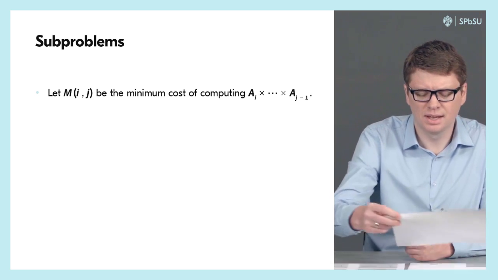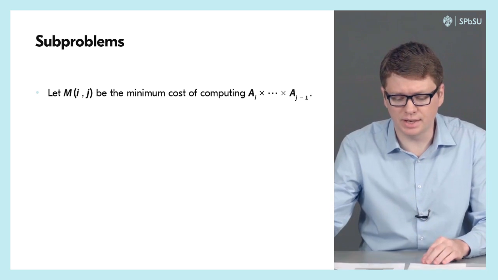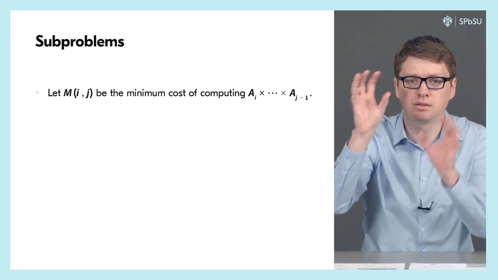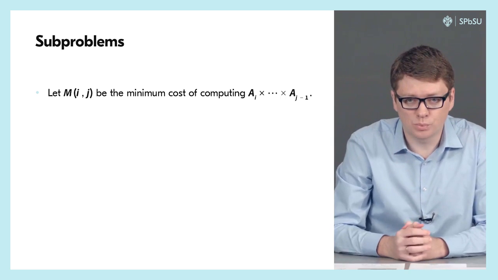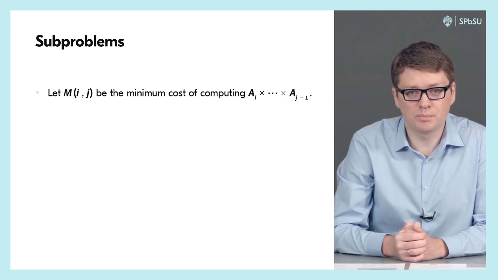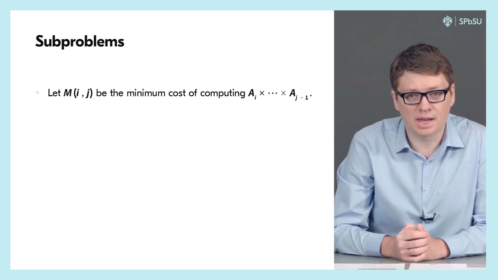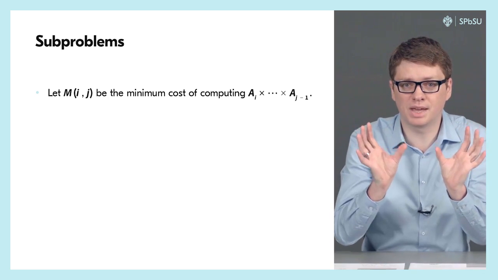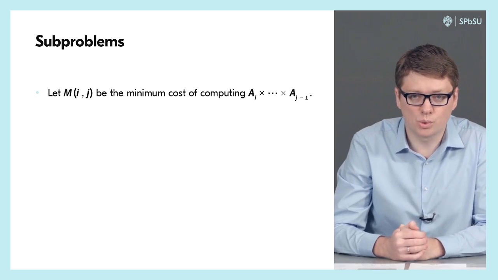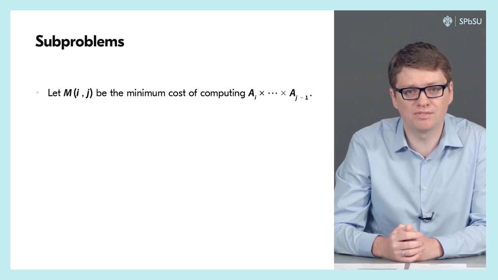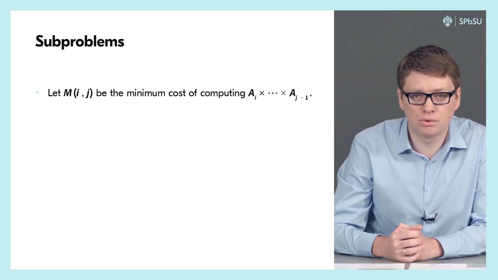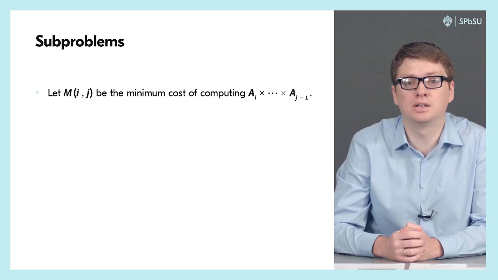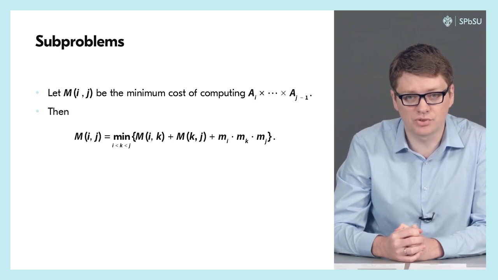So we know that it can be represented as a tree, and in turn, if we consider this tree, then it has a root and 2 subtrees, right? And we know that in the subtrees, what is computed is the product from I to K minus 1 in the left subtree for some K, and in the right subtree from K to J minus 1. So what we basically need to do to compute the value of Mij is to go through all potential values of K. And this is what we do actually to define the recurrence relation.